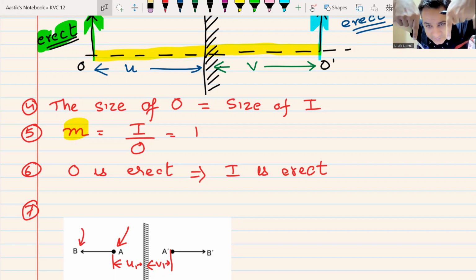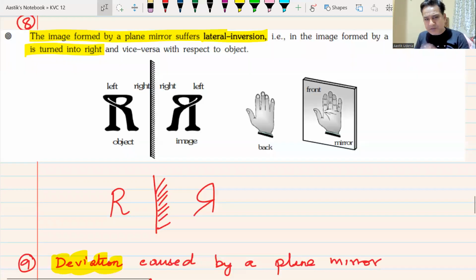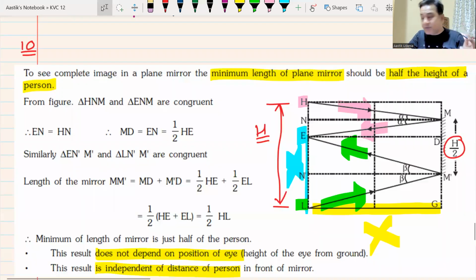Object is inverted, image is inverted. We had also seen that the image's left and right change. We had also seen the deviation caused by a plane mirror, and that if you want to see the full image of yourself, what should be the minimum length of the mirror.